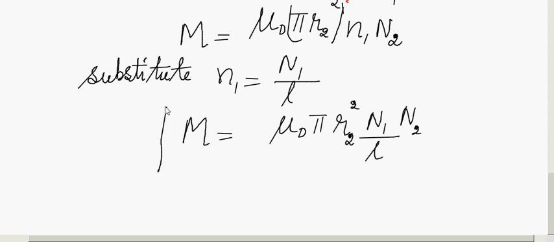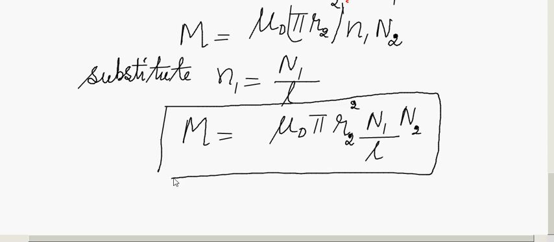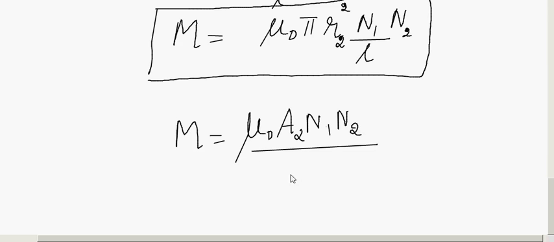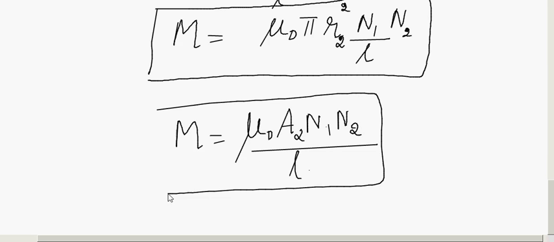So this is one equation for M. Or you can also write it as M equals mu naught into A2 into N1 N2 by L. One in terms of area and another one in terms of radius. This is the required expression.